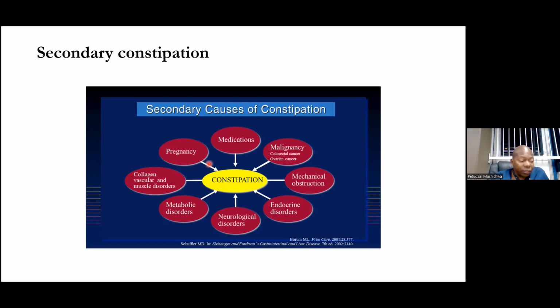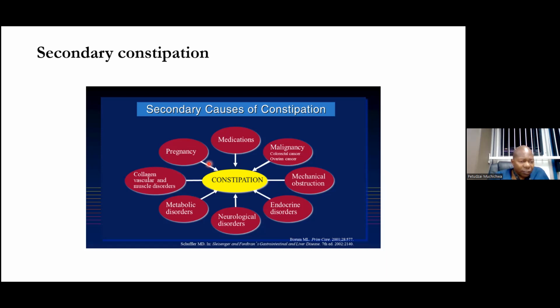Other causes would be metabolic conditions: hypercalcemia, hypokalemia, hypomagnesemia, uremia, and also endocrine disorders like diabetes mellitus and hypothyroidism. When you look at these metabolic and endocrine disorders, patients often will present with telltale features to suggest one or the other, and we have to investigate accordingly.